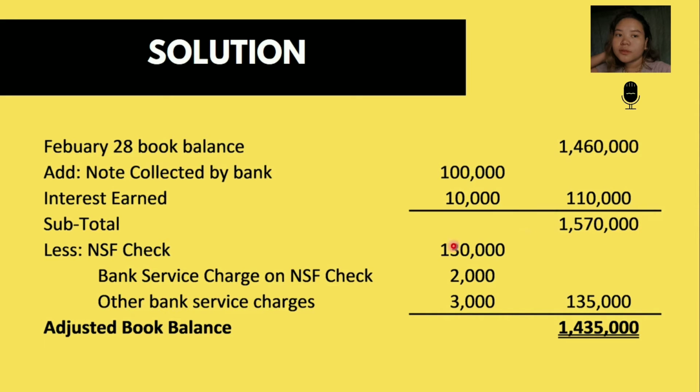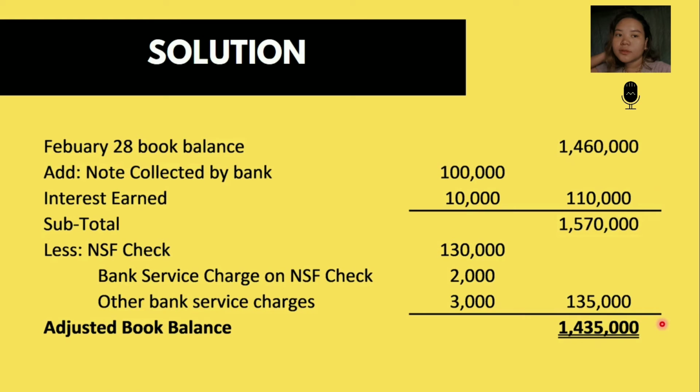Less NSF check 130,000, bank service charge on NSF check worth 2,000, and other bank service charges 3,000. So the total debit memo is 135,000. The subtotal is 1,570,000 less the debit memo amounting to 135,000. Therefore, the adjusted book balance for March is 1,435,000.